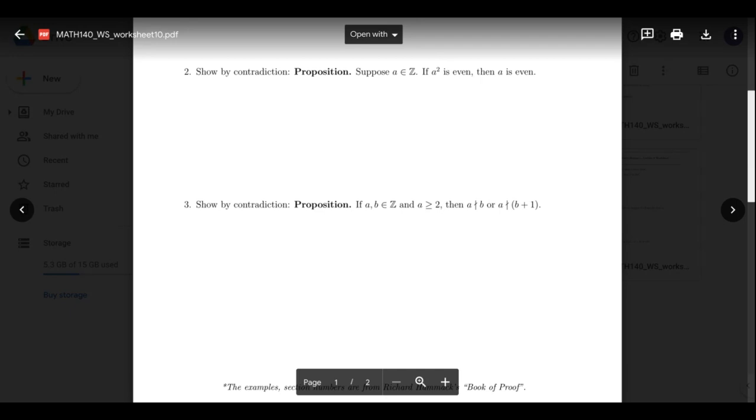Okay, Maria, assume A is greater than 2, A divides B, and A divides B plus 1. Looks good. Ha! Maria, did you just copy and paste? Even the mistake.